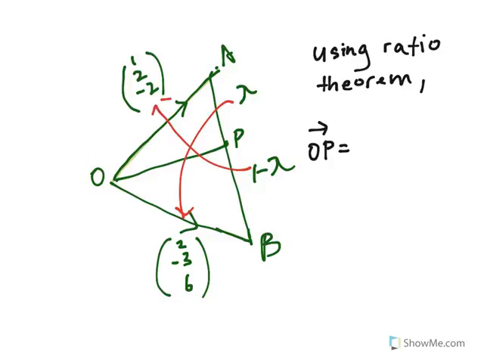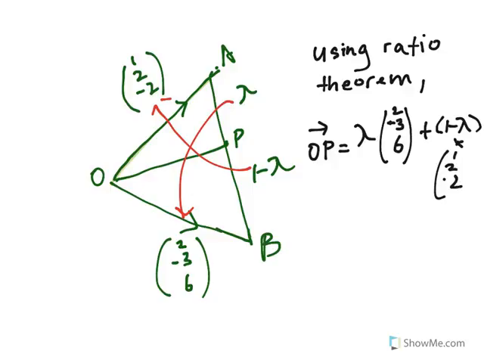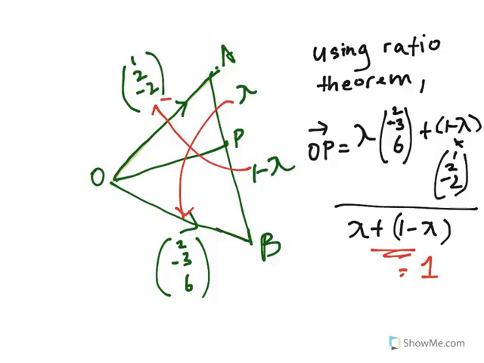So this is lambda multiplied with 2, negative 3, and 6, plus 1 minus lambda multiplied with 1, 2, negative 2, over the sum of the two ratios, lambda plus 1 minus lambda, and this is just equal to 1.